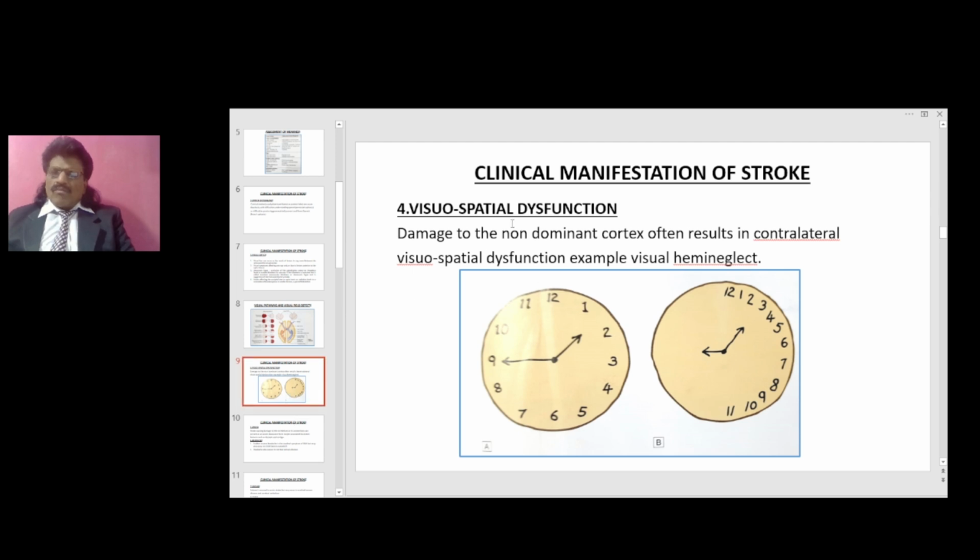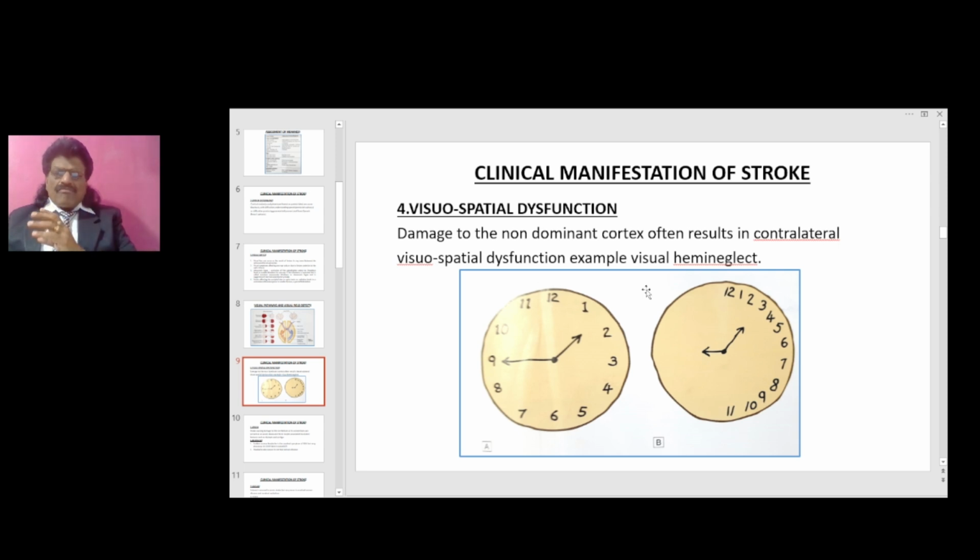And now we are talking about visuospatial dysfunction. Damage to the non-dominant cortex often results in contralateral visuospatial dysfunction. Example, visual hemineglect. See, the right parietal lobe controls both the right and the left side, and the left parietal lobe controls only the right side. So if the left parietal lobe gets affected, the right visual field is affected, but this is compensated by the intact right parietal lobe which controls both the right and the left.